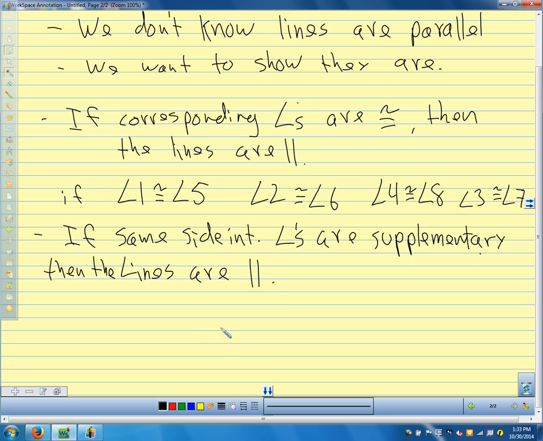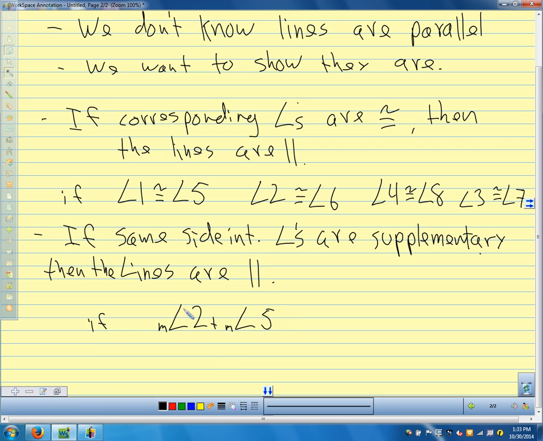All right, so which pairs are same side interior angles? Angle 1, is 1 an interior angle? Between the parallel lines, same side of the transversal? Angle 2 and angle 5.